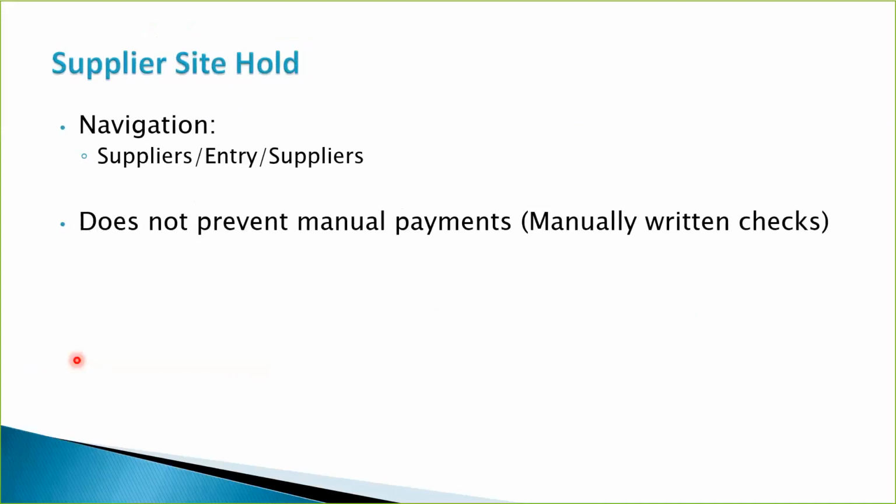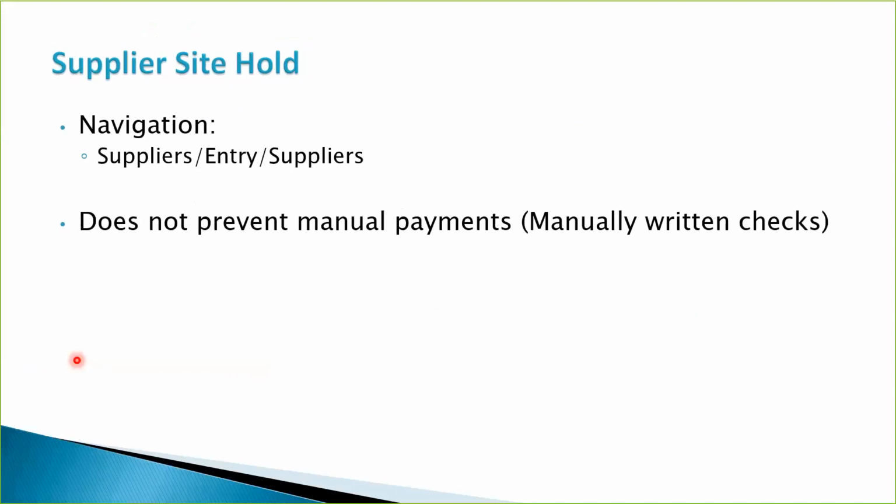We can have one at the invoice level for individual invoices, and you can also put a hold on a scheduled payment, which belongs to one invoice. So we saw how to do the latter two at the invoice level and at the scheduled payment, but we did not get a chance to look at how we can put a hold on invoices at the supplier site.